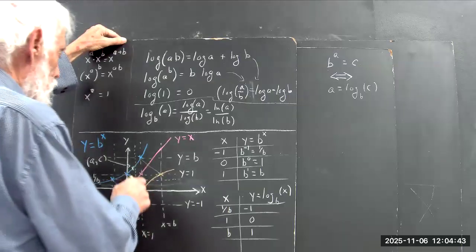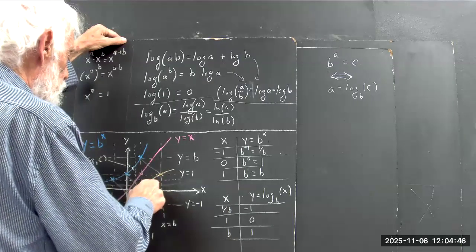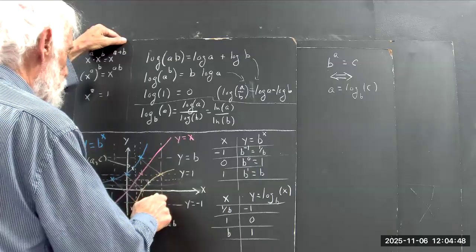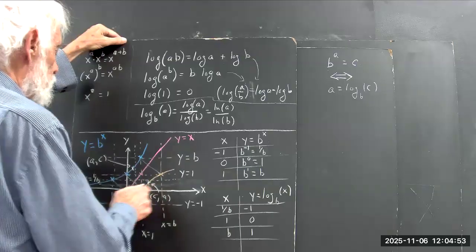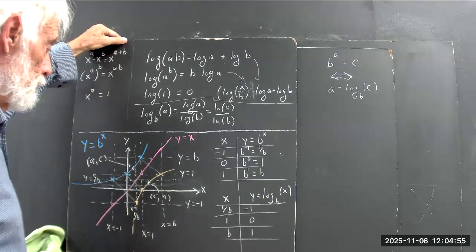Now that means that if we go over to this graph, the point (C, A) is right there on the graph.